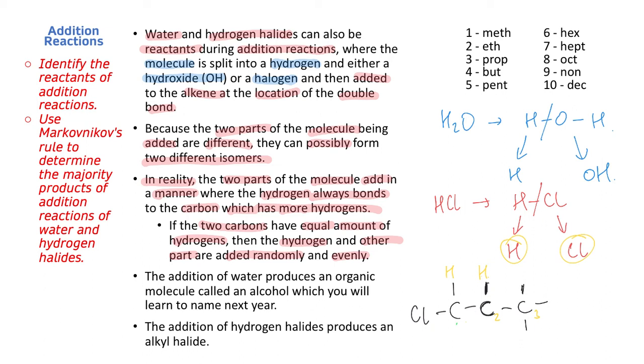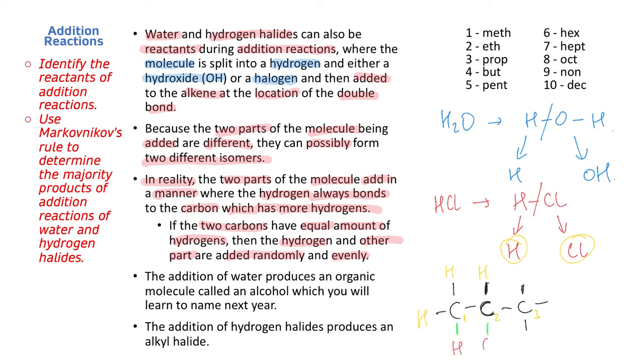We break that apart, and we have the two new bonds that are able to take stuff in. You'll notice that carbon 1 and carbon 2, where the stuff is being added, have equal amounts of hydrogens. They both have 1, so it's going to randomly allocate the hydrogen and the chlorine. Sometimes it's going to be this, and other times it's going to be the other way around, random and roughly even. But generally, you'll get a question where it's clear which side you should be adding to, the side that has more hydrogens.